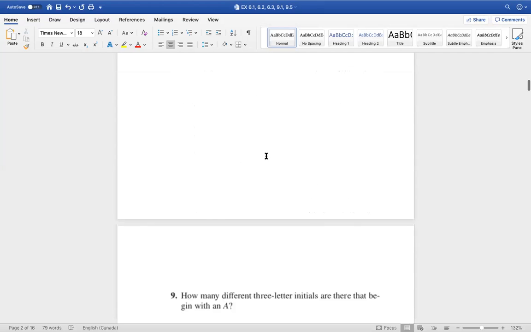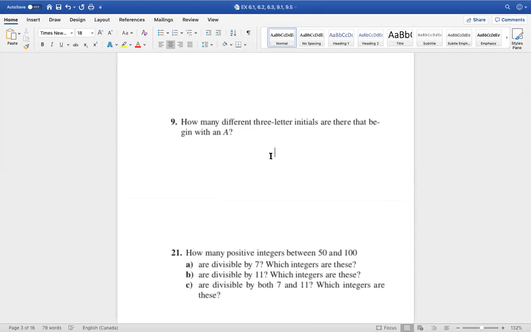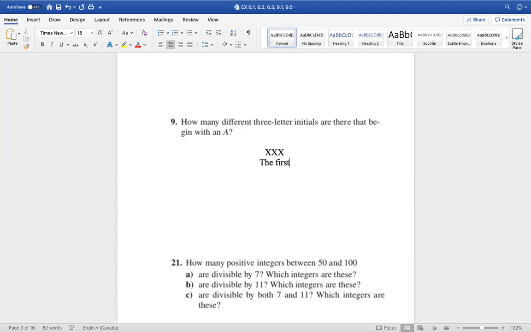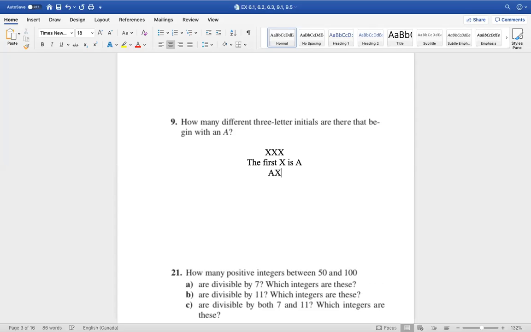Okay, let's move on to the next question. Question number 9 asks, how many different 3-letter initials are there that begin with an A? For example, XXX, and the first X is A, which leaves us with AXX.